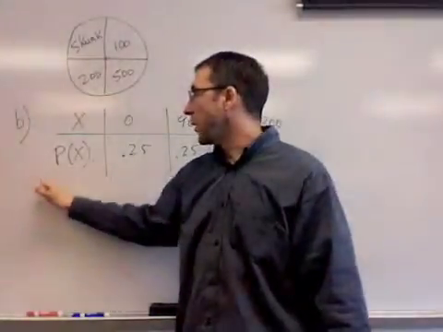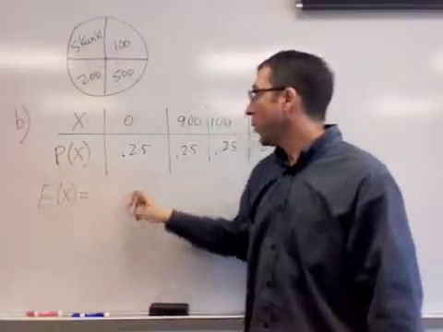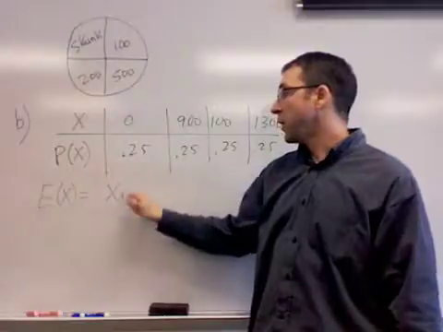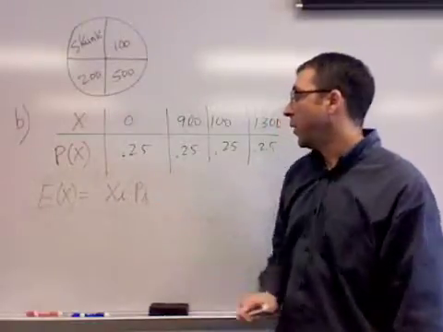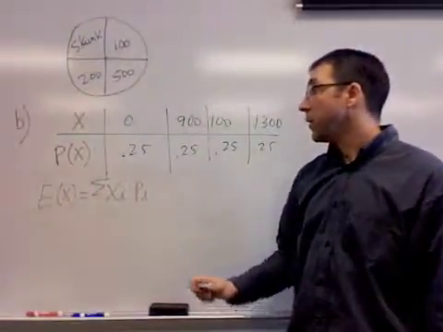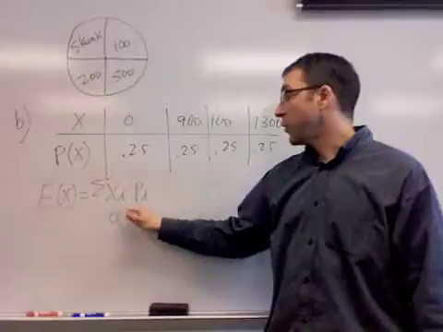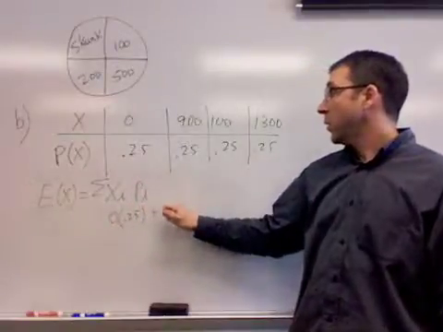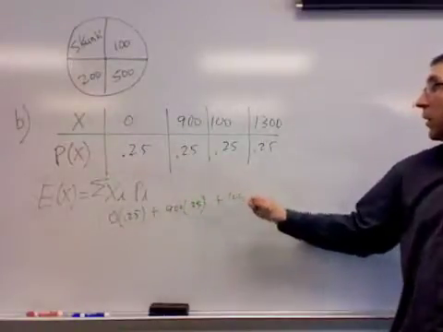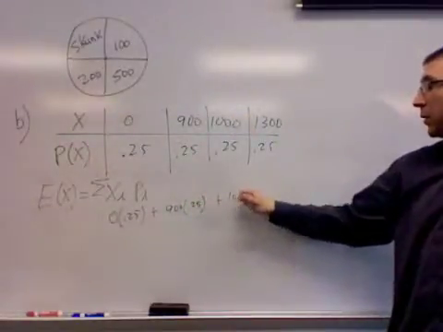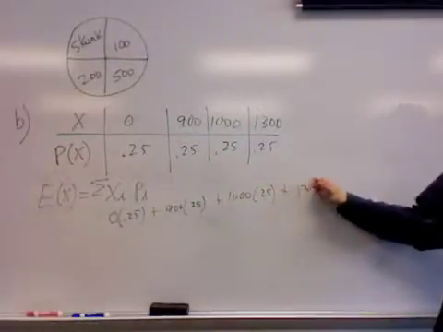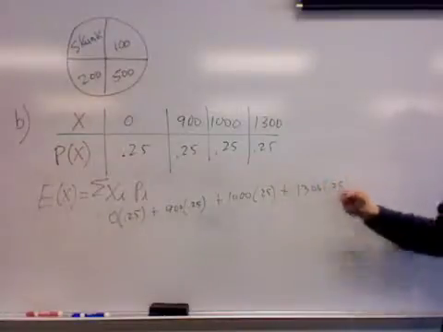What we want to do is calculate the expected value, which would just be each individual x times the probability of each individual event occurring, and then you sum those all together. So it would be 0 times 0.25 plus 900 times 1/4 plus 1,000 times 1/4 plus 1,300 times 1/4.